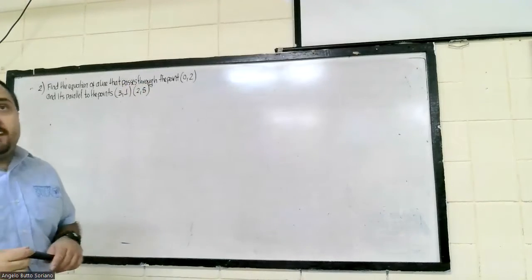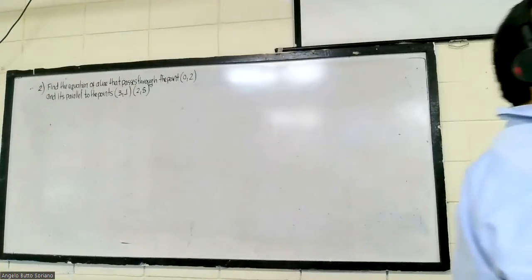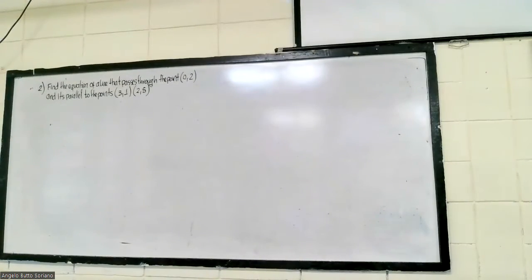Okay. In this situation, they're asking to find the equation of the line that passes through the point 0,2 and it's parallel to the points 3,1 and 2,5.